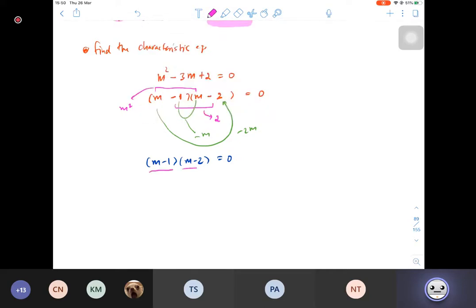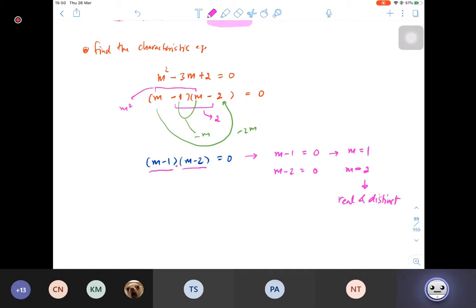Now you have two numbers multiplied together and you get 0. It means that m-1 equal to 0 or m-2 equal to 0, which means m is equal to 1 or m is equal to 2. Those are two roots, and you see that they are real and distinct.